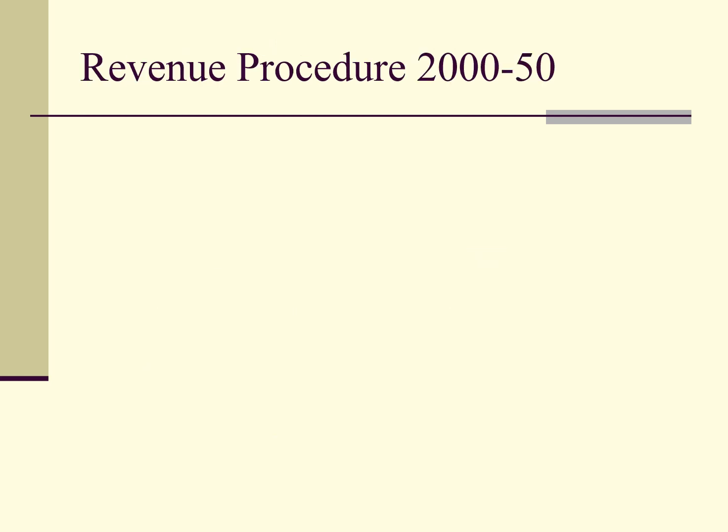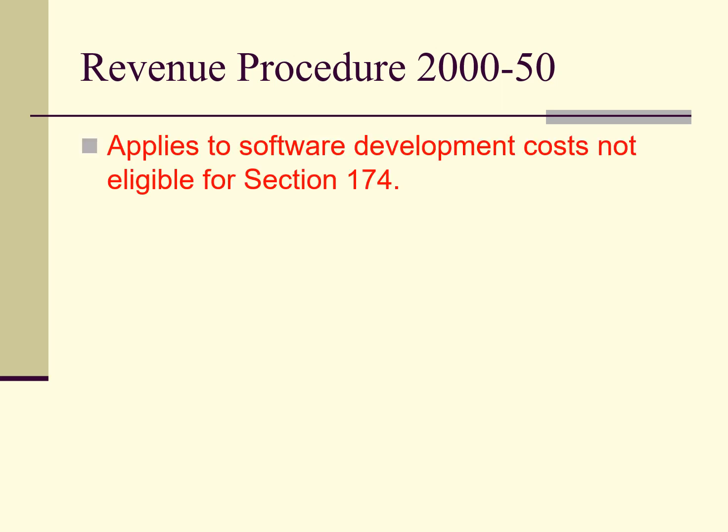Software development costs that are not Section 174 costs may be treated in a manner similar to Section 174 under Revenue Procedure 2050. Ordinarily, software development costs that do not meet the requirements of Section 174 can be accounted for under Revenue Procedure 2050.